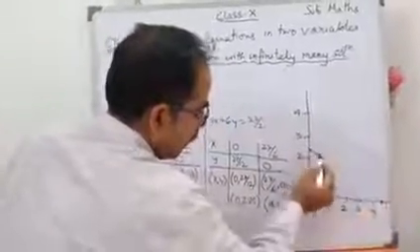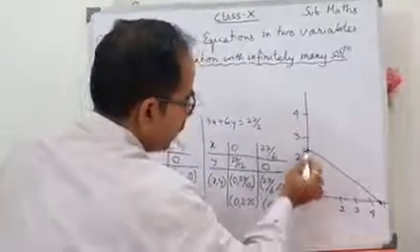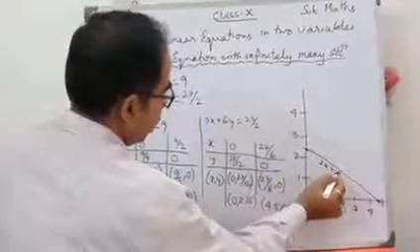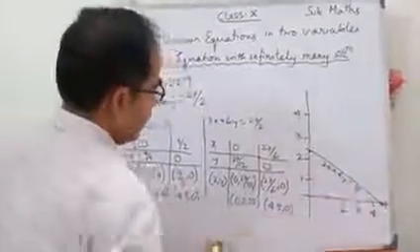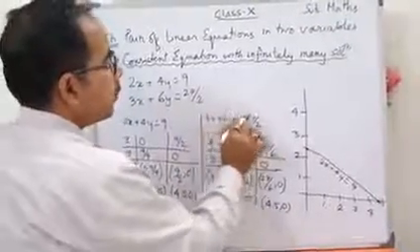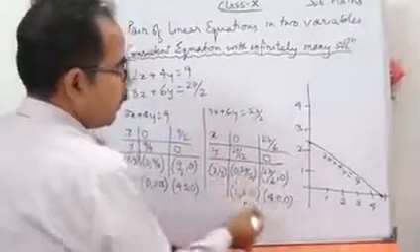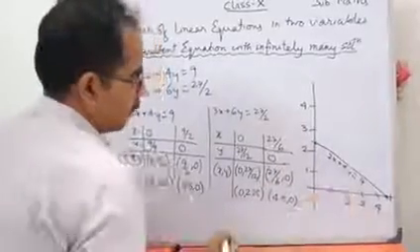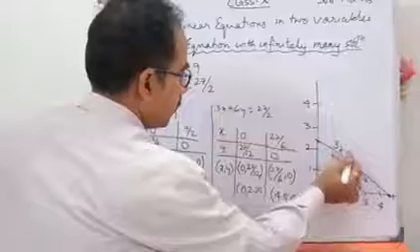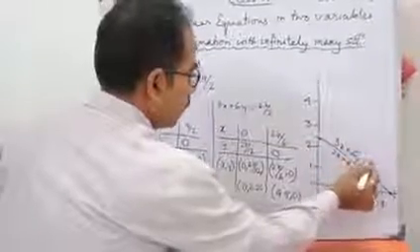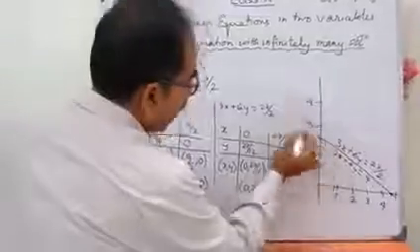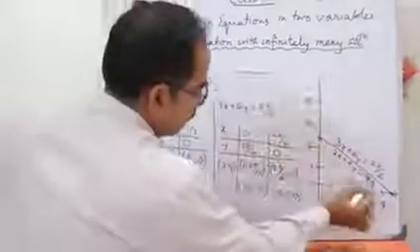So if I draw a line, it will be like this way, for the first one, that is 2x plus 4y equal to 9. Similarly, for the second one, that is 3x plus 6y equal to 27 by 2, here also if I take the same coordinates are coming, that means the same line represents 3x plus 6y equal to 27 by 2. That means all these are the same line. Look here. This is a common line.